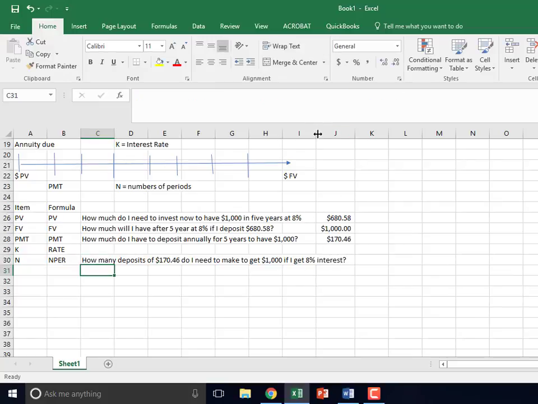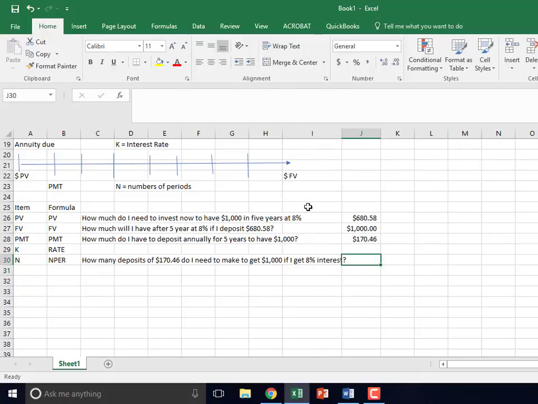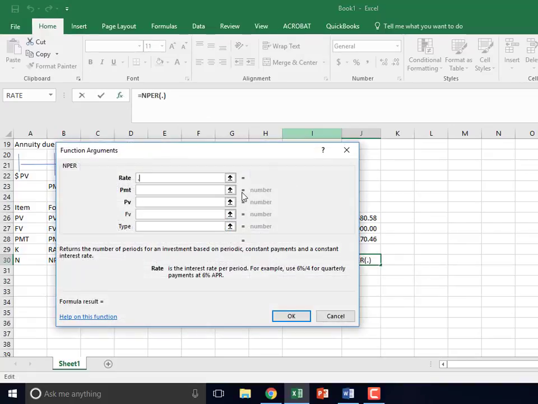And this is a number of periods problem. So NPER, and I can click on this function, my rate, 8%. My payment, $170.46. I don't have a present value here because there's no lump sum. It's all an annuity. My future value, I want to be $1,000. And my type, I can leave alone.